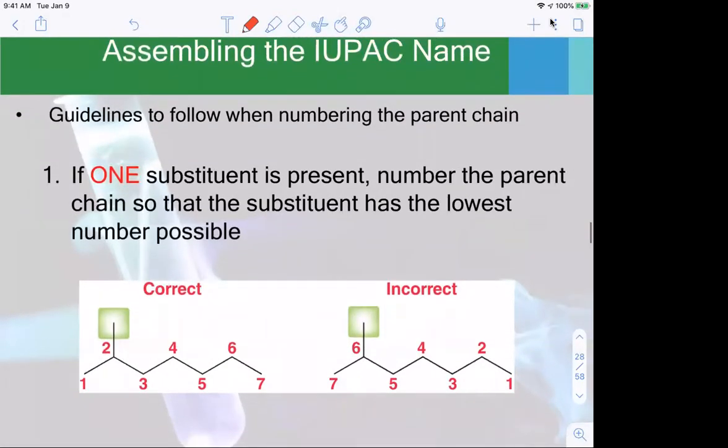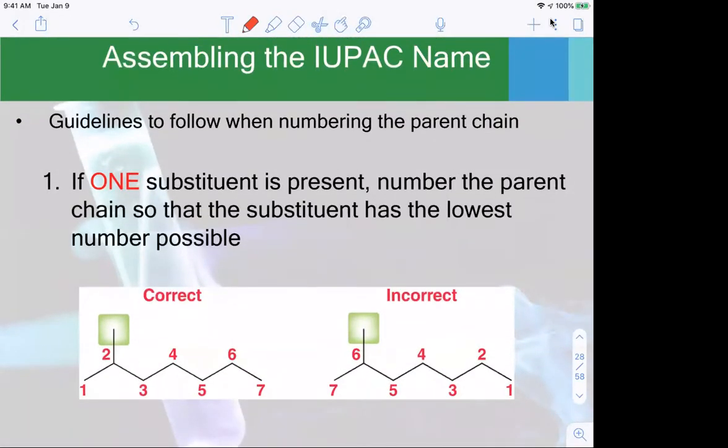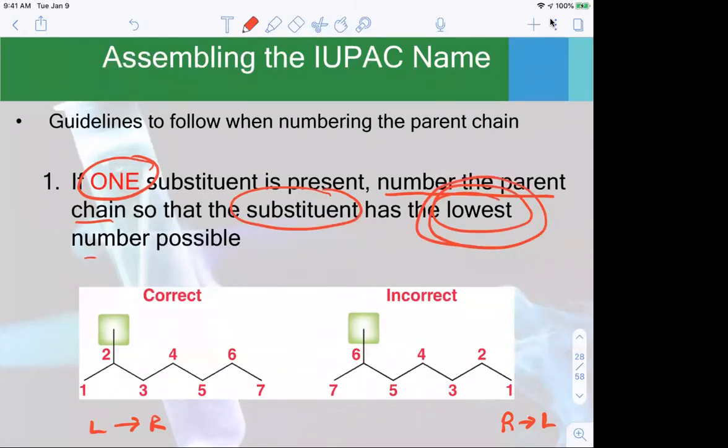How do I number? Sometimes there's 2 different ways to number. Do I go left to right, or do I go right to left? Well, the answer is if I have 1 substituent present, I'm going to number the parent chain so that substituent has the lowest number.